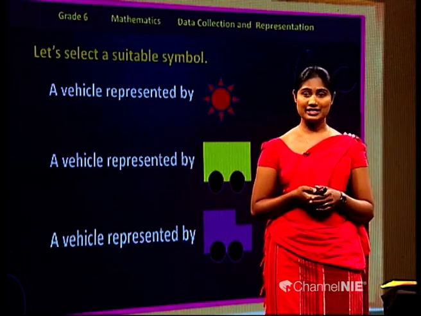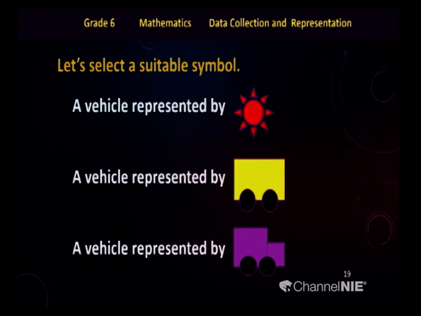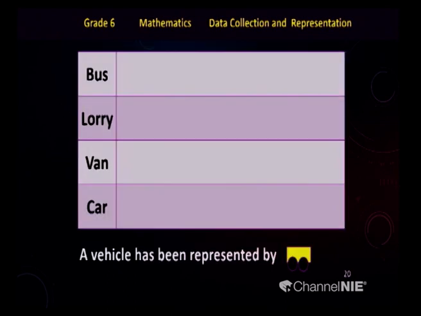Before starting that picture graph, we should select a suitable symbol. Here I can use these types of symbols to represent these vehicles. Here one vehicle can use these pictures. Then I am going to draw the picture graph like this.